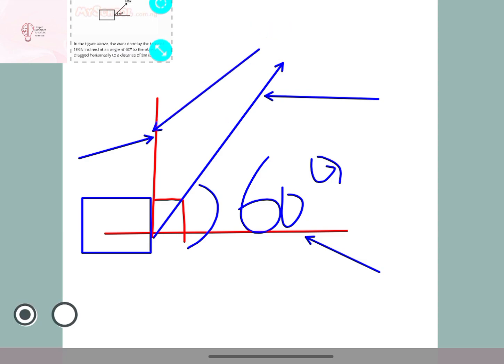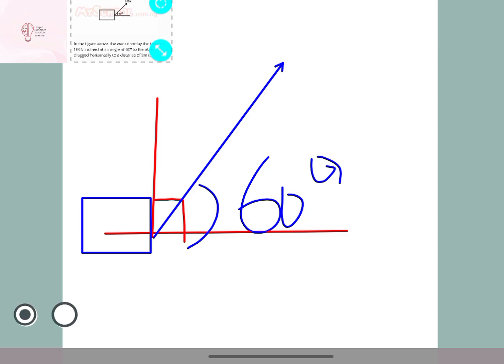Are we there? So what are we going to do now? I'm trying to join both the vertical component and the horizontal component together. So in case they ask you to find the work done on an inclined plane at an angle 30 degrees to the vertical, sorry, to the vertical.